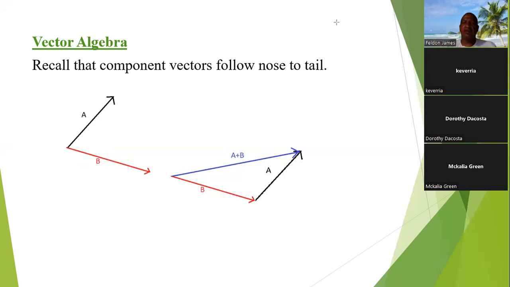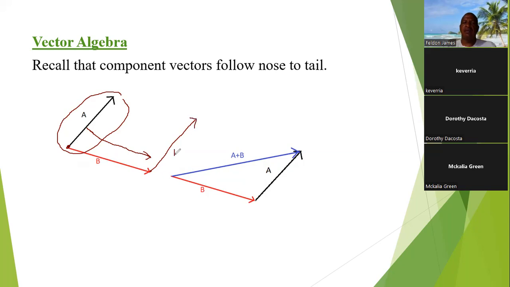So what we would have to do exactly is take this vector, slide it all the way down to here so that this tail will be at the nose here. So this would slide vector A down to this point, so that the nose of this goes into the tail of A.